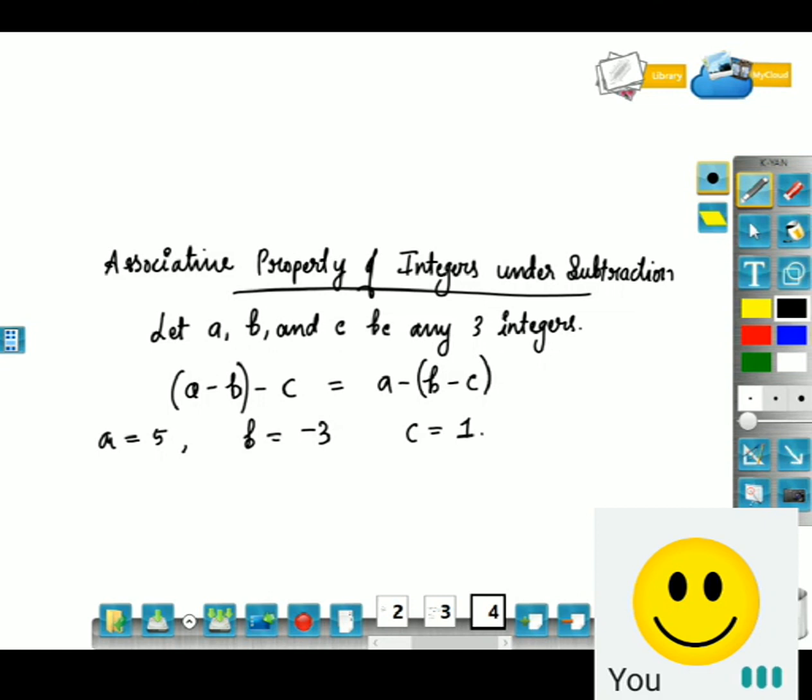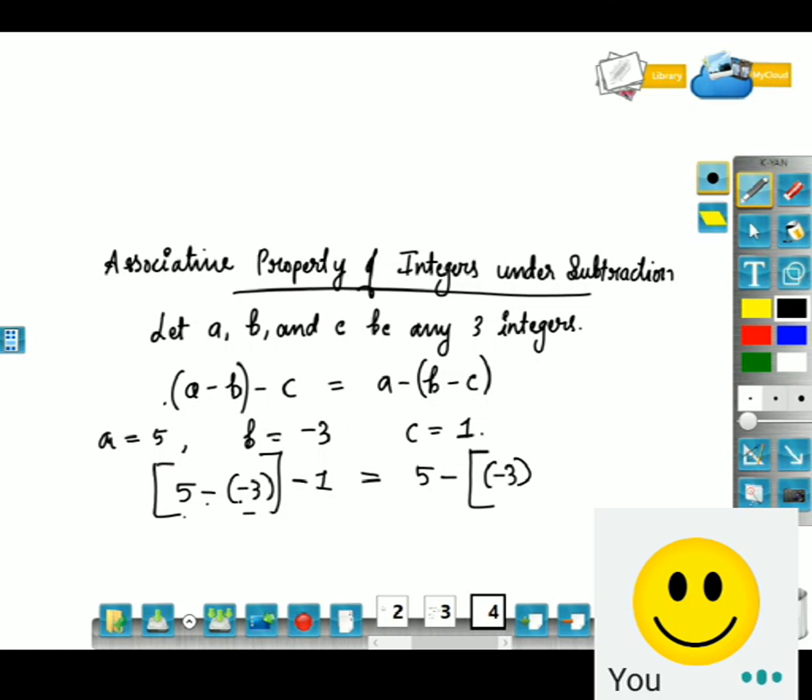Okay, let's see what answers we'll be getting when you are substituting these values. A is equal to 5, B is equal to minus 3, and C is equal to 1 in the equation. Now, (A minus B) minus C: the value of A is 5, minus the value of B which is minus 3, minus the value of C which is 1.